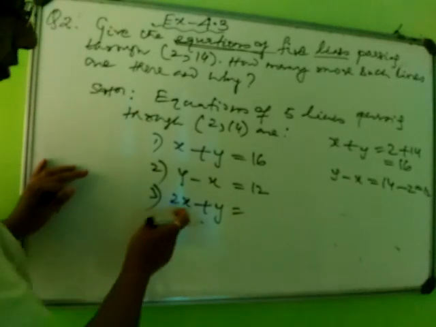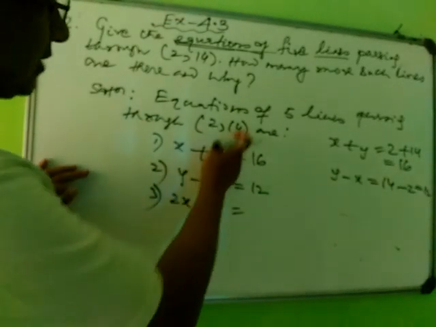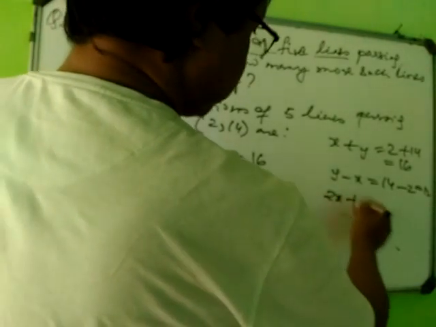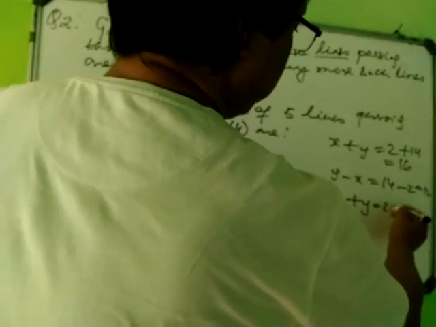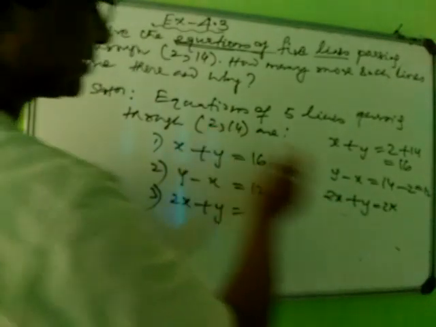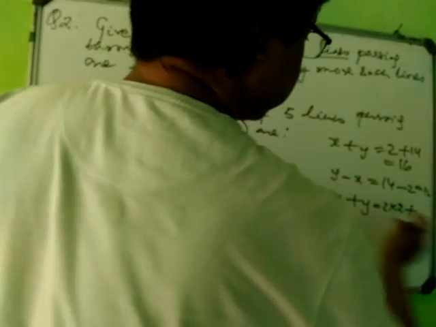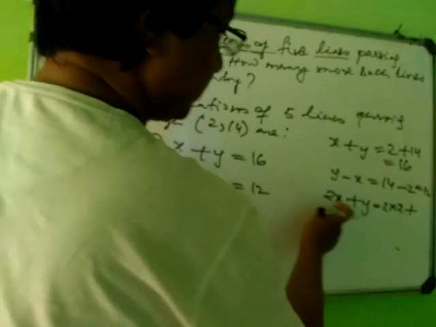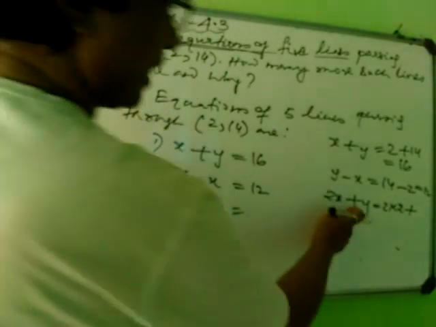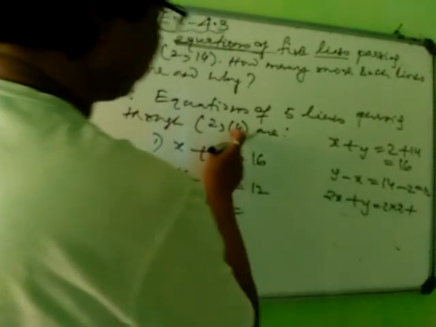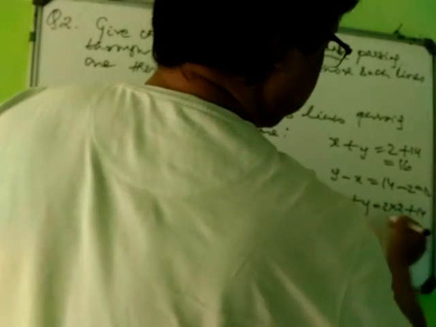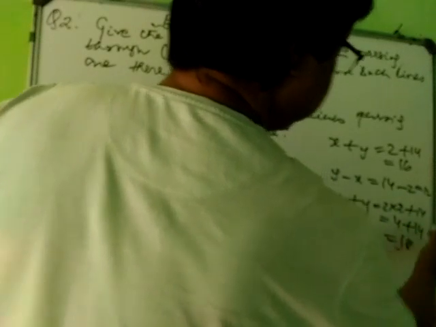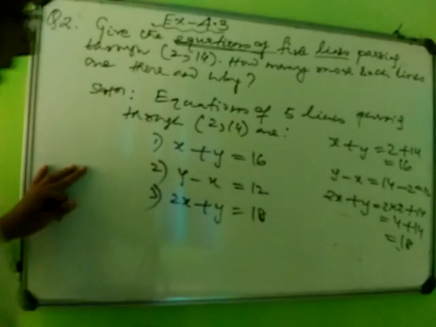So your x will be 2, y is 14. Calculate it. So twice x plus y equals 2 into 2, 4, plus 14. So you got 18.